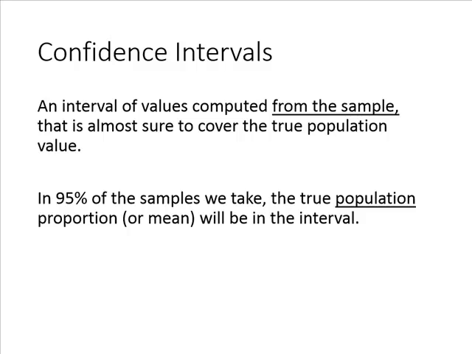The reason we can do this goes back to that central limit theorem. As N gets bigger, our samples are better predictors of populations. Now, talking about confidence intervals, we're sort of placing a bet.